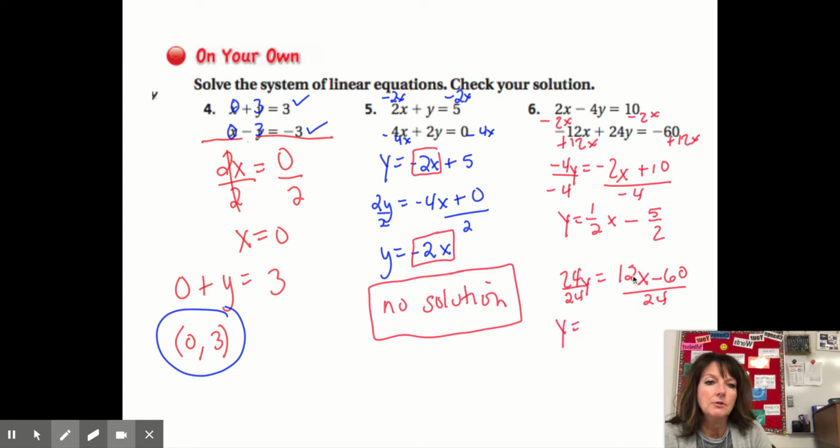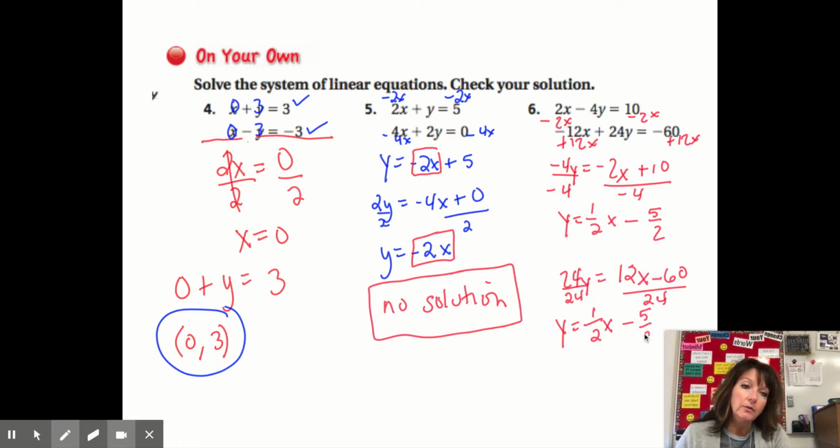So y is equal to 1/2 x, and I have this 60 divided by 24. 12 goes into both of them, right?